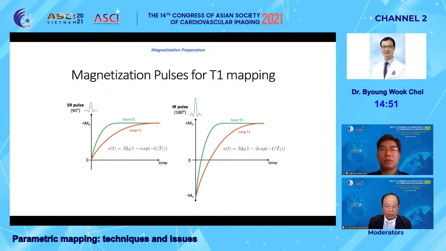On the other hand, as you can see in this graph, dynamic range of T1 relaxation process when we use inversion recovery pulse is twofold of that of saturation recovery pulses.